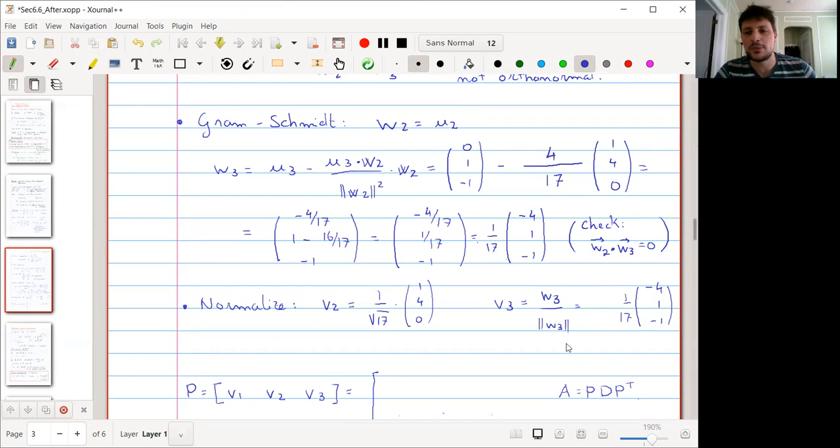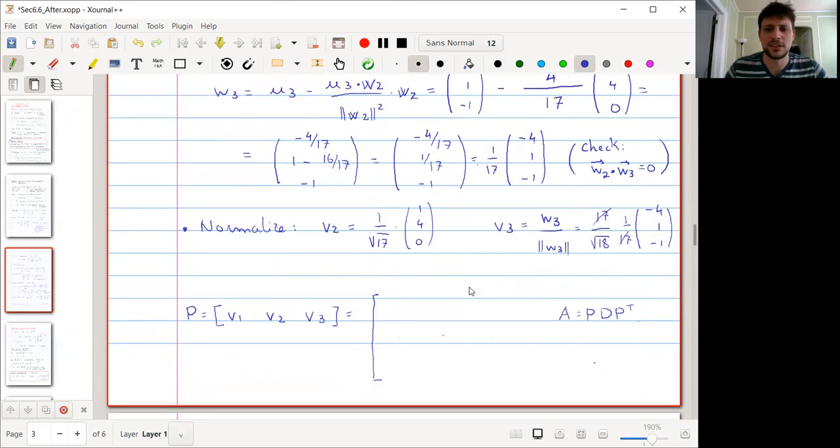And then I'll have to divide by the length of W3, which will be the length of this vector -4, 1, -1, the square root of the sum of its squares, which is square root of 18, divided by 17. So these will cancel each other out, and I get that unit vector. Maybe that was more complicated than necessary, but there it is.